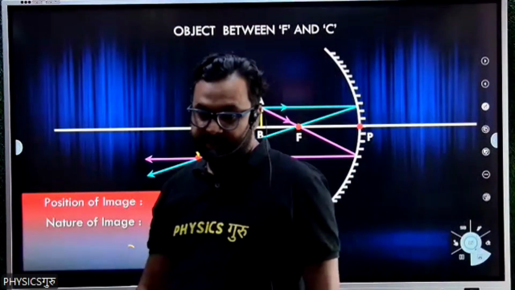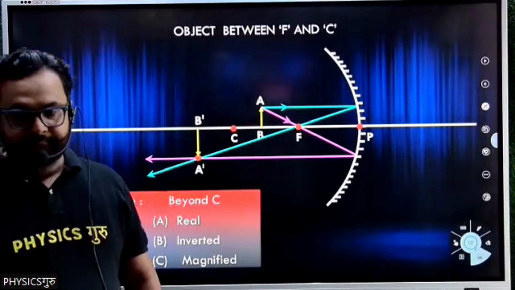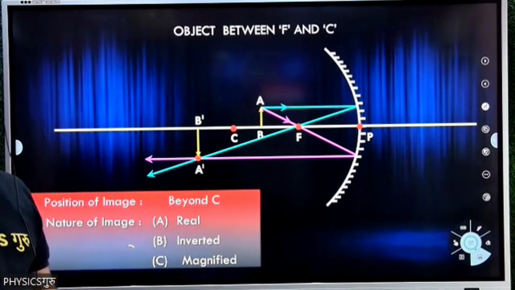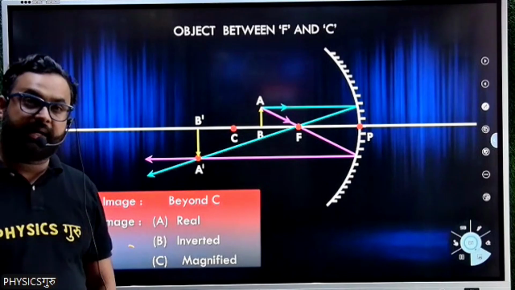Beyond C, not C. Beyond C. Real, inverted, magnified.